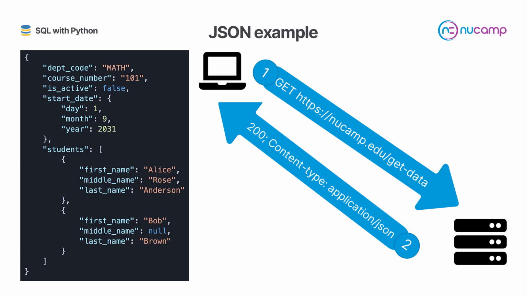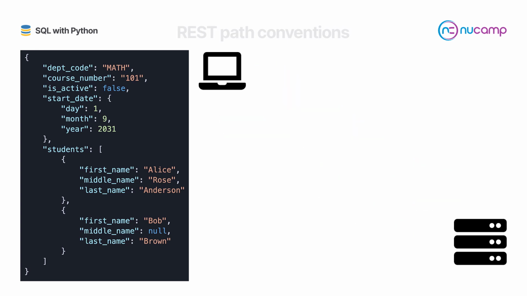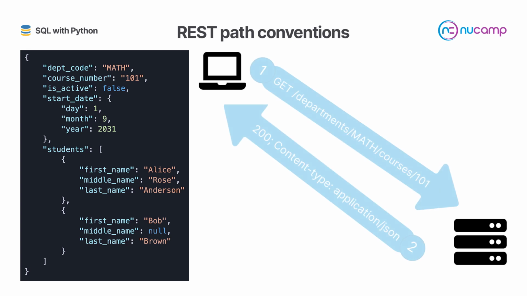Get-data is quite vague and doesn't provide any context for the intent of the request. Let's see if we can do better. URLs lacking structure are brittle and increase the cognitive load of developers as well as the complexity of the programs. To solve these problems, the REST API conventions call for URLs to organize data resources into named collections and identifiers.